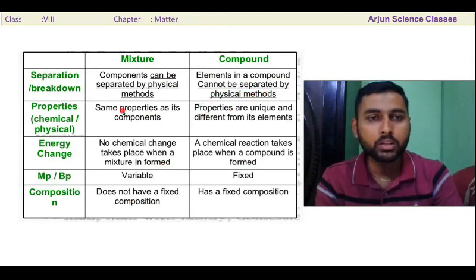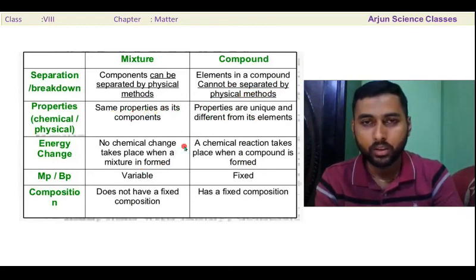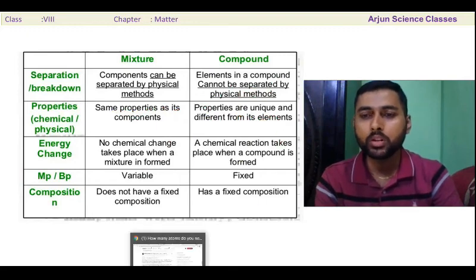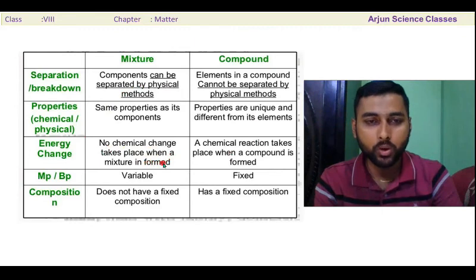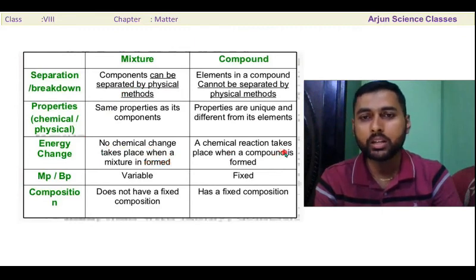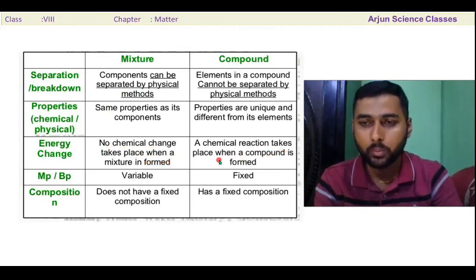A mixture has the same properties as its components. A compound's properties are unique and different from its elements. The properties of water differ from the properties of hydrogen and oxygen. No chemical change takes place when a mixture is formed, but a chemical reaction takes place when a compound is formed.